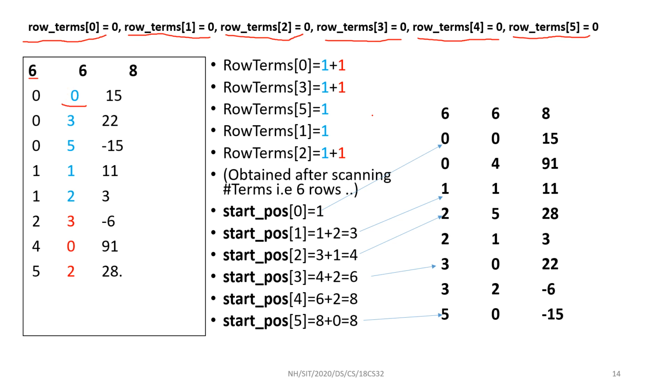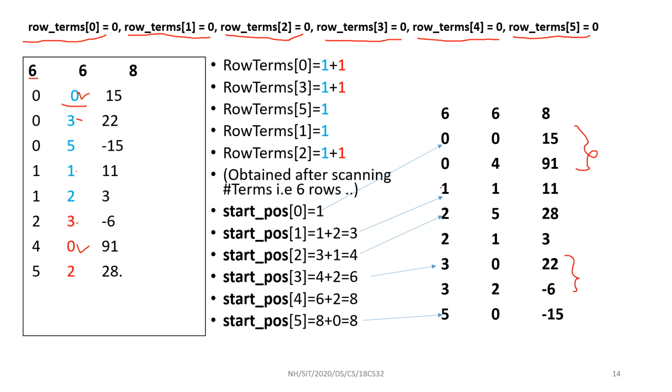This column will become row here. That is why row terms. At the end, we will be having 2 rows. These columns, 0th column, 0th column, that becomes number of rows in the resultant matrix. Like that, 3 becomes number of rows for 3, 2.